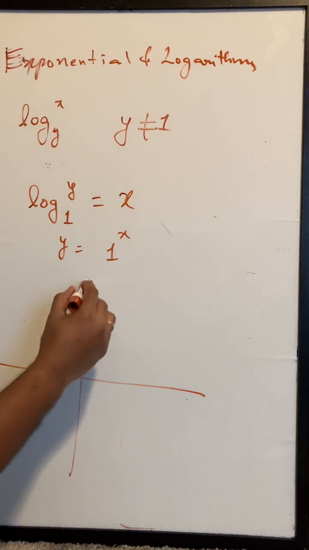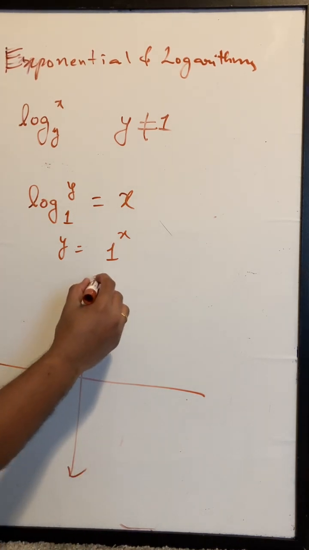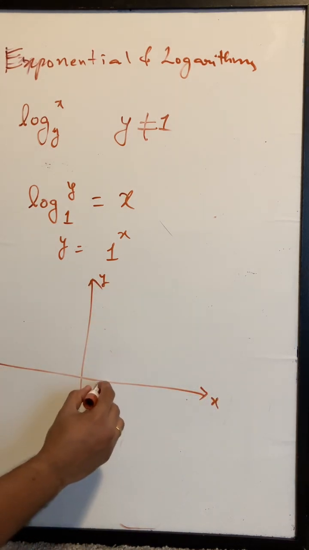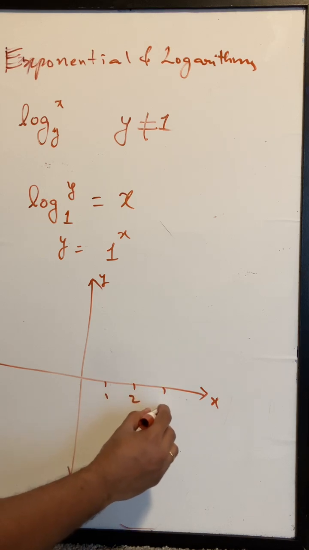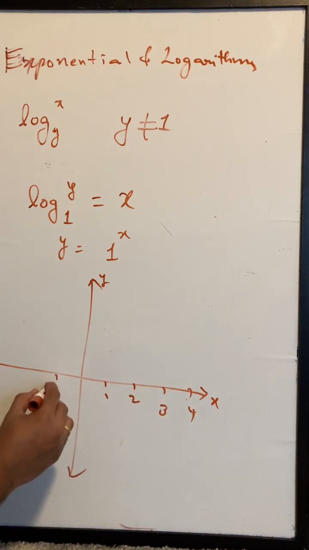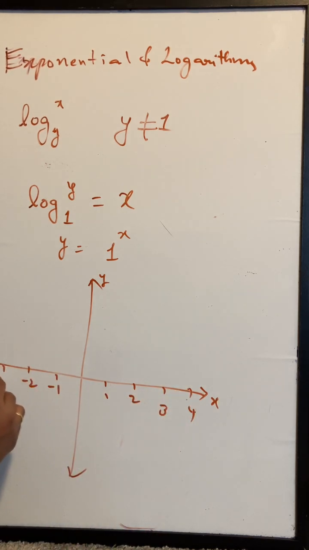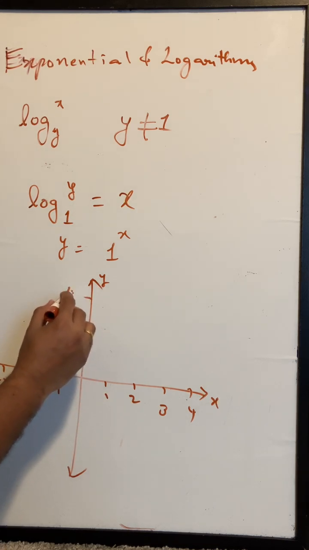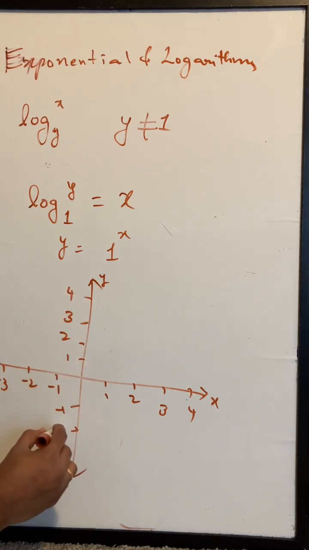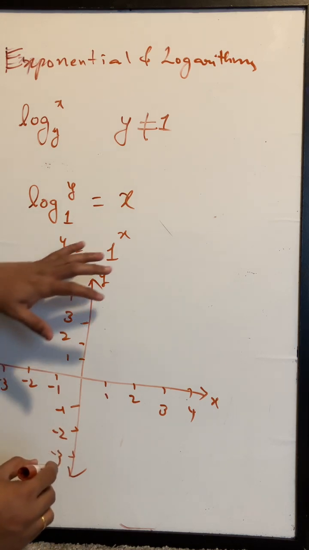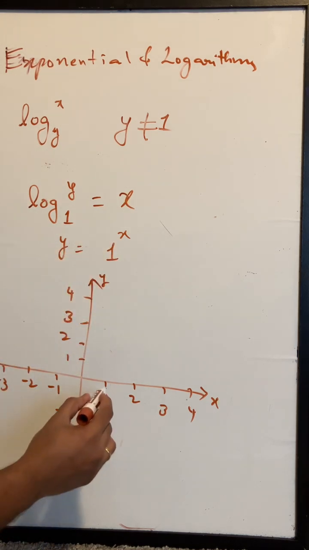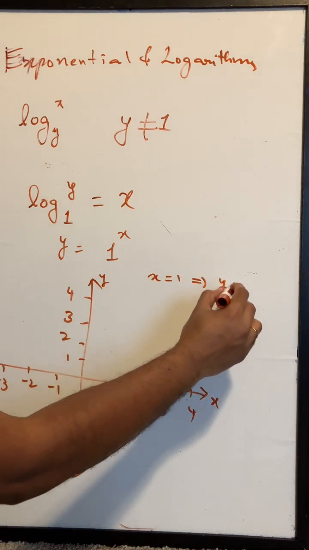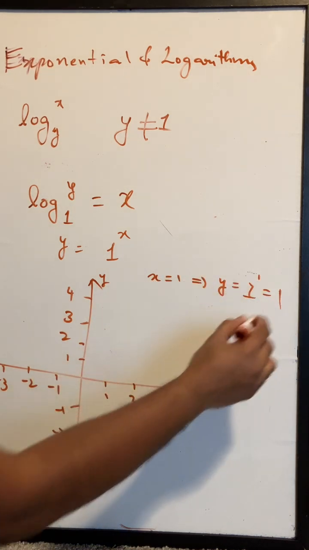This is y, this is x, and we mark 1, 2, 3, 4, minus 1, minus 2, minus 3 on each axis. If we plot the graph for this, what are the values? When x equal to 1, what is y? 1 to the power of 1 equal to 1.